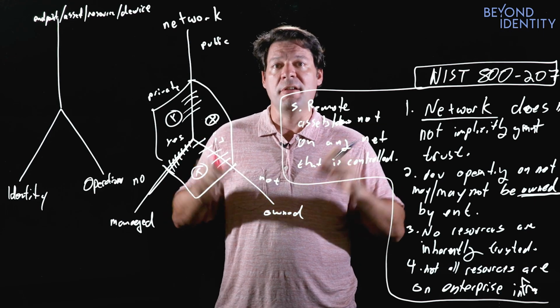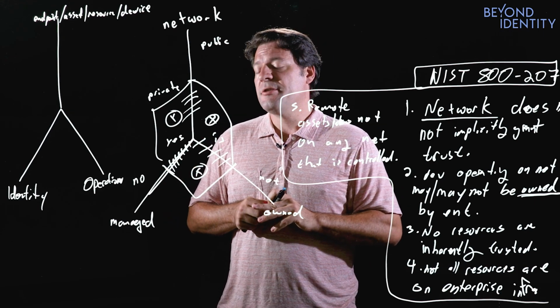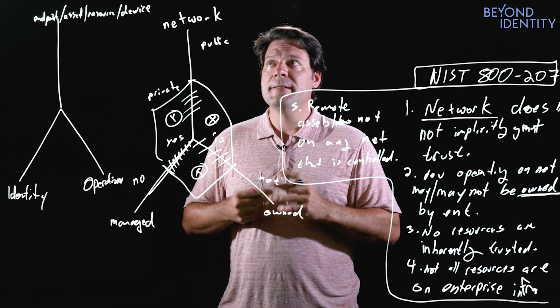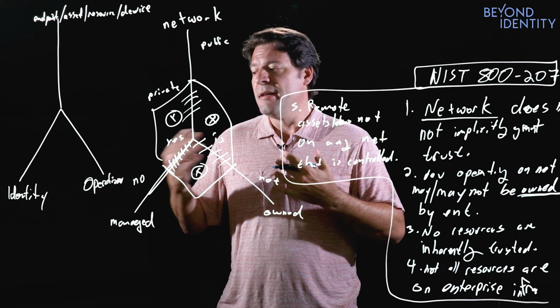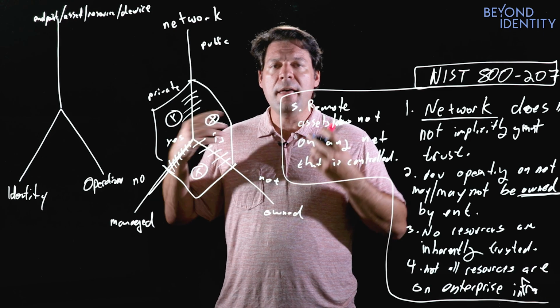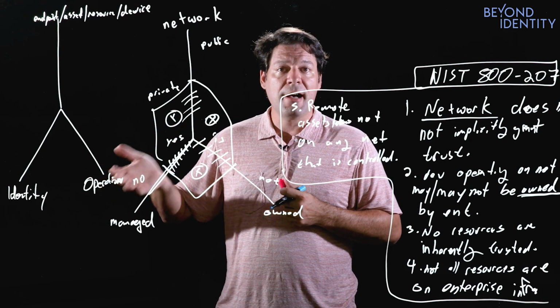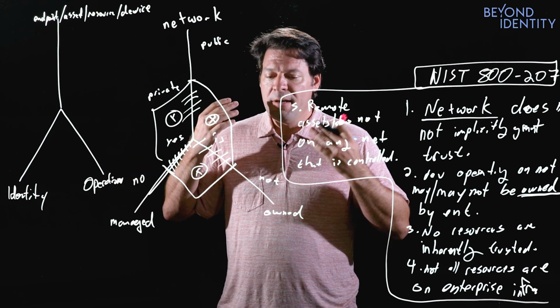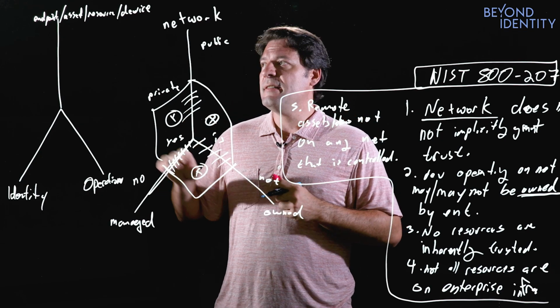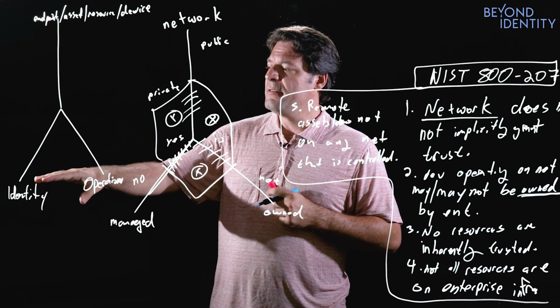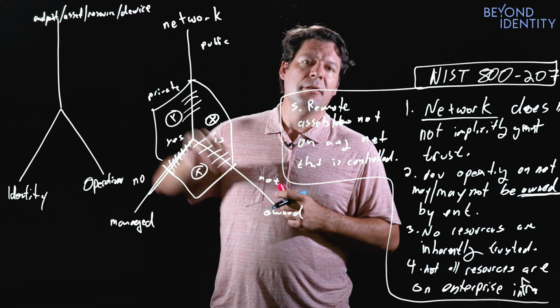Is the transaction an authentication transaction? Is the transaction a payment transaction? It turns out the type of transaction or the class or kind or operation of the transaction is really going to clue me in to how I establish trust of the identity on the machine.